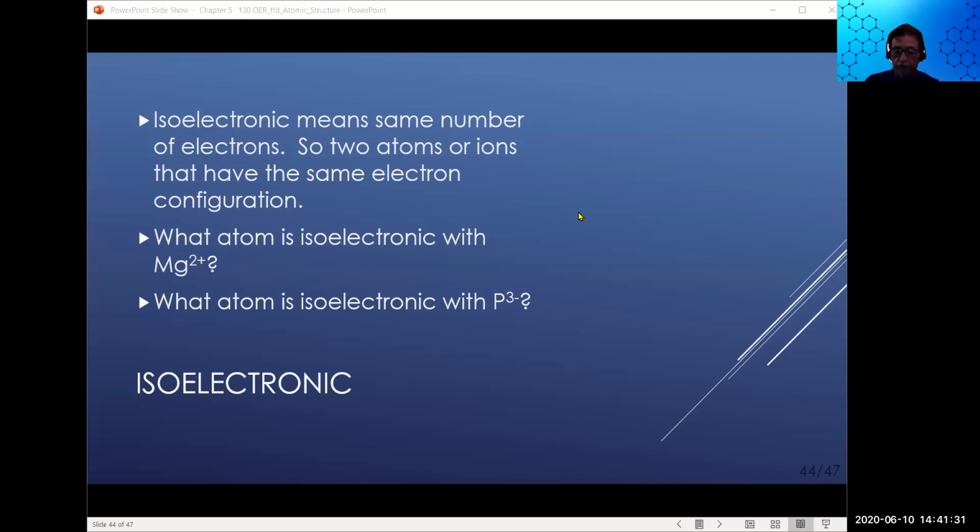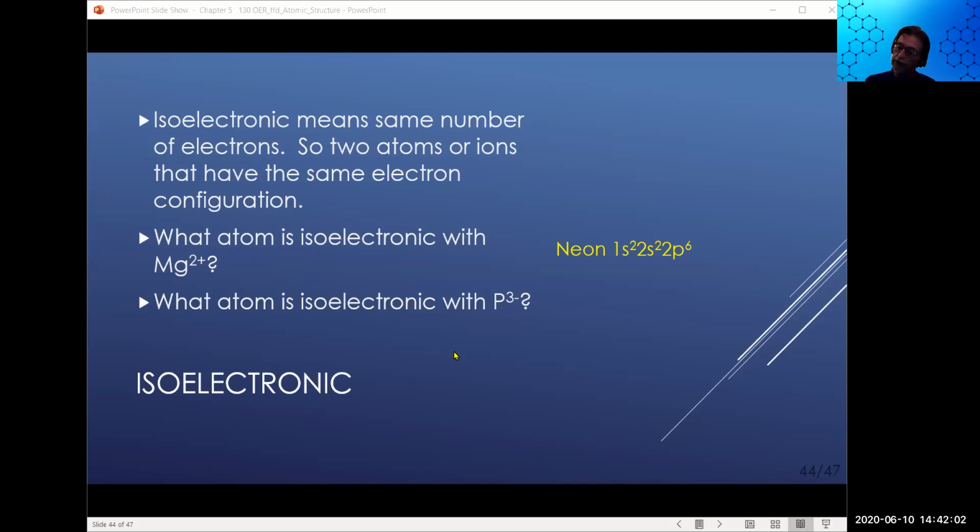Earlier I said isoelectronic, meaning we had those examples where the ions had the electron configuration similar to a noble gas. That is the term isoelectronic. That is when they share the same electron configuration. They share actually the same number of electrons. Okay. For example, magnesium ion plus 2 lost 2 electrons.